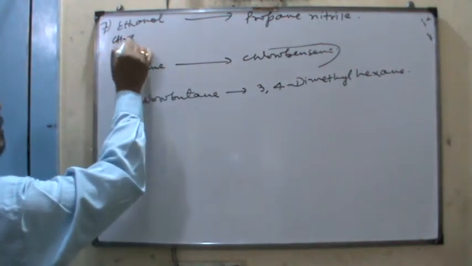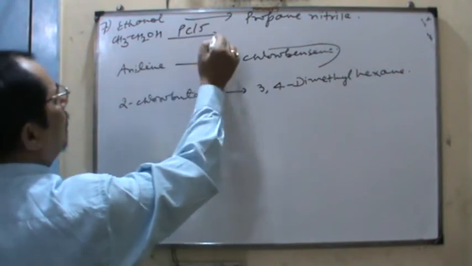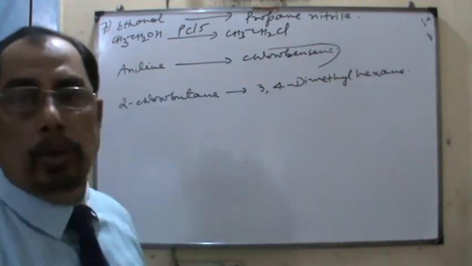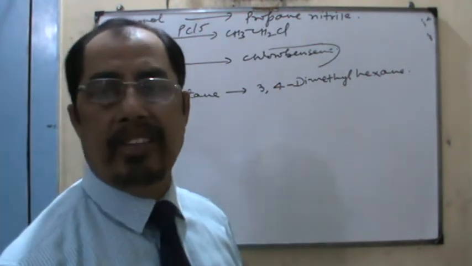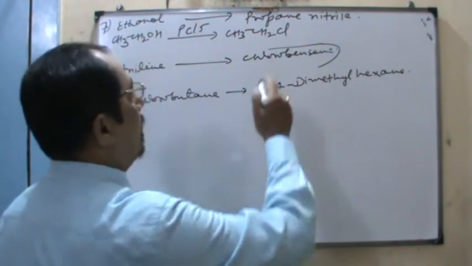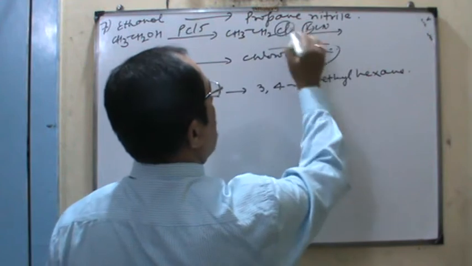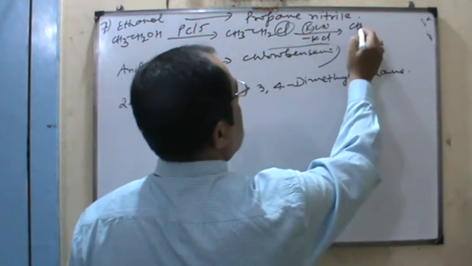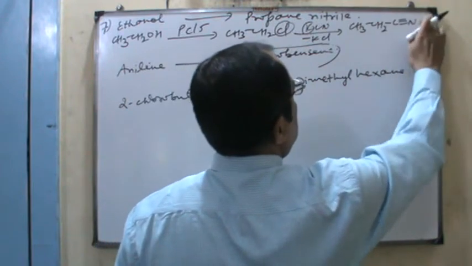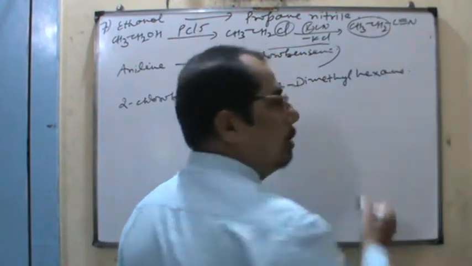It is CH3CH2OH, with PCl5 you get CH3CH2Cl. This is ethyl chloride. And if you want the nitrile, that means cyanide. In common system, nitrile is cyanide. So therefore you use KCN. So KCl is out here, and this is CH3CH2C triple bond N. That is actually ethyl cyanide in the common system.